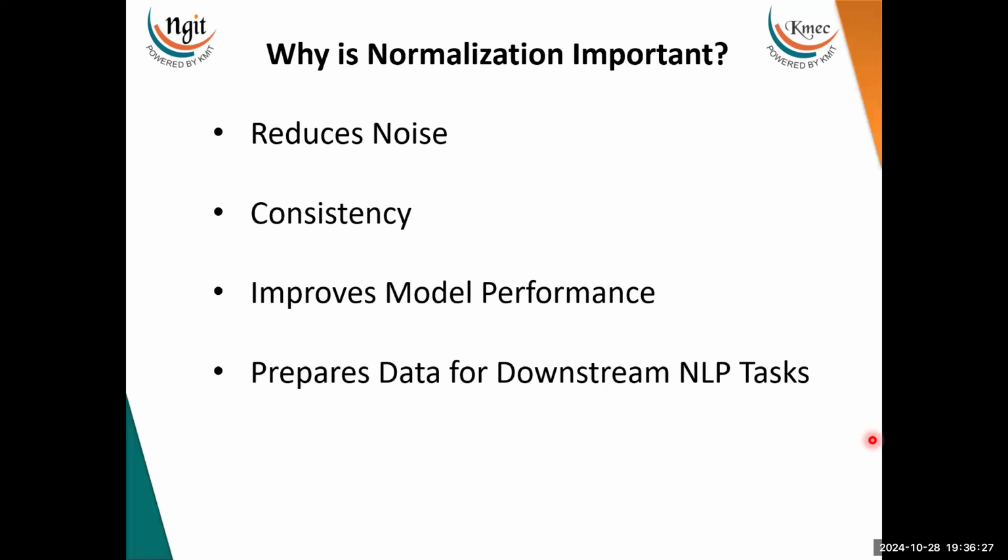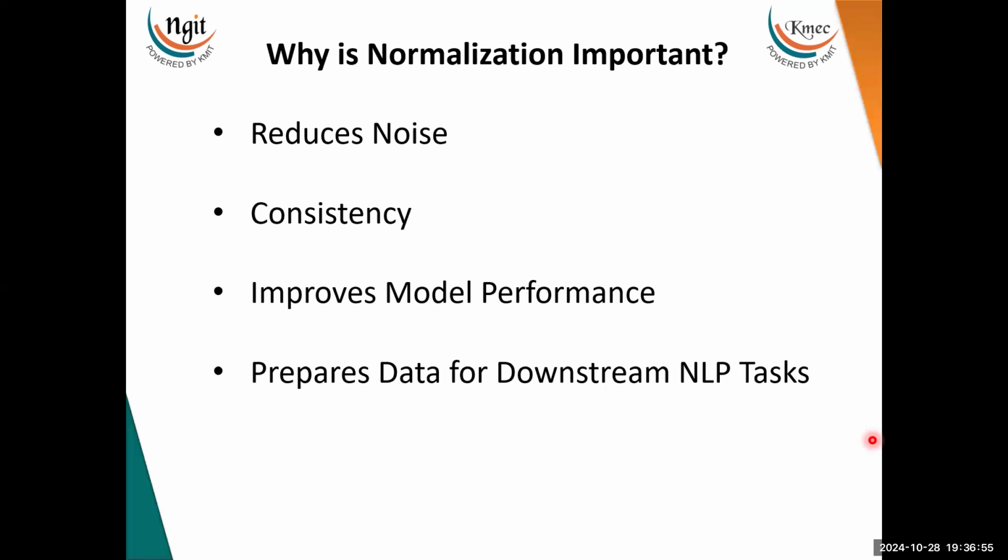So consistency will ensure that similar words are treated the same way, even if they are in any case. Then it improves model performance. It tries to reduce the dimensionality of the text data, and it will improve the accuracy of the machine learning models by removing these unnecessary variations.